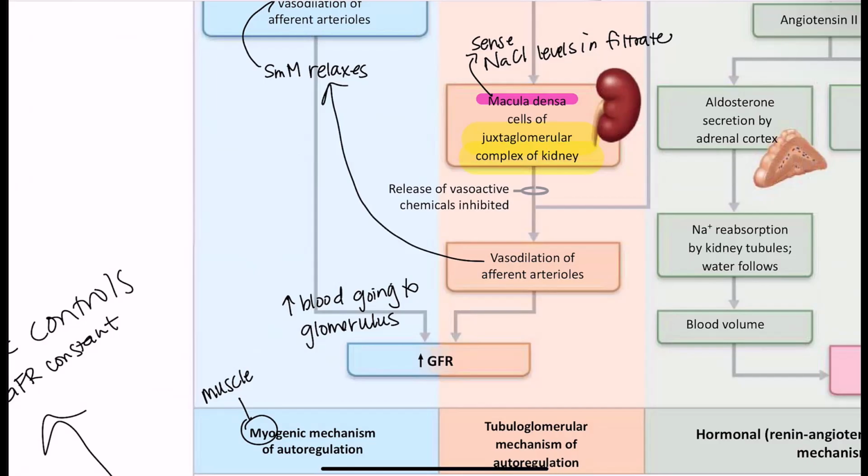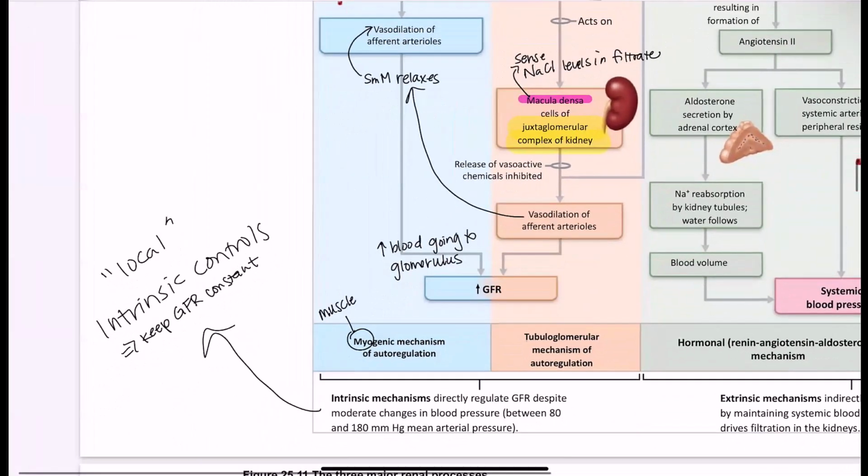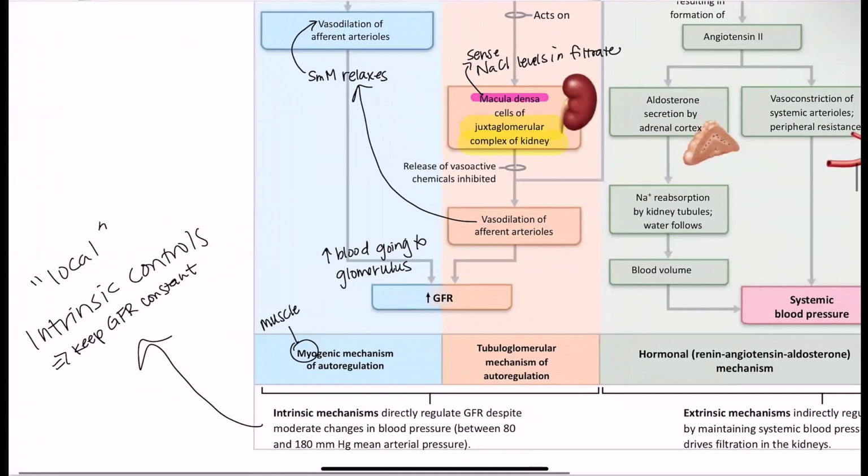If smooth muscle relaxes, we're still going to increase GFR. This happens because we increase the blood going to the glomerulus. So same vibes. So those are intrinsic controls. Notice that the direct thing that happens is we increase GFR because the goal is to keep GFR constant. This is a local goal.